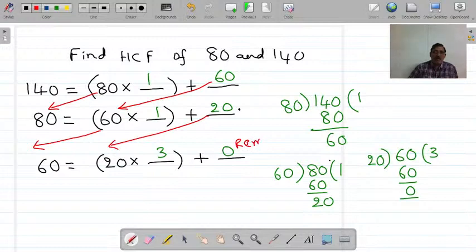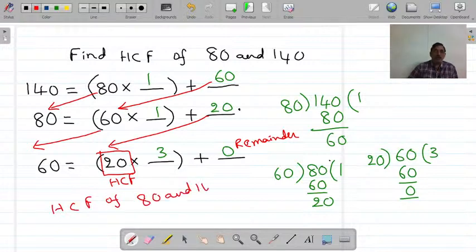When remainder is 0, at that time this will become HCF. So HCF of 80 and 140 is 20. Yes, Somesh, you are right. It is 20.